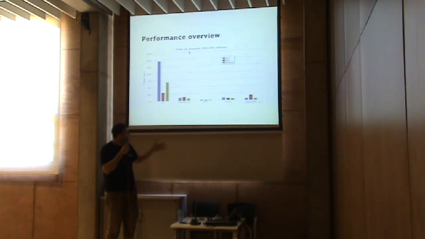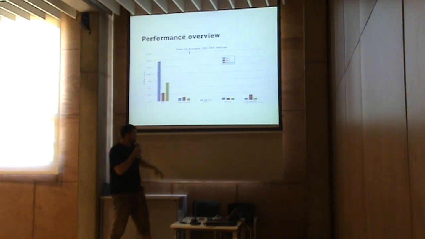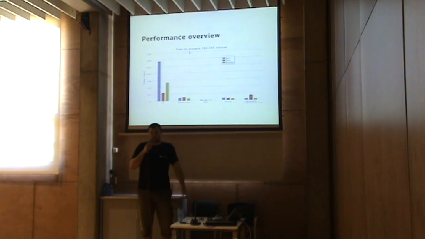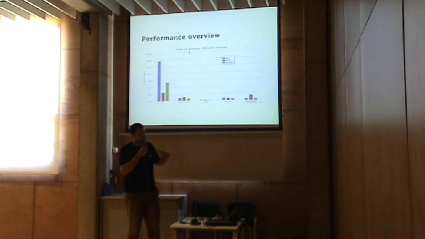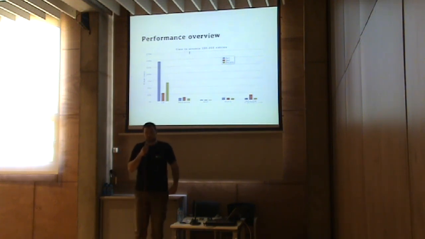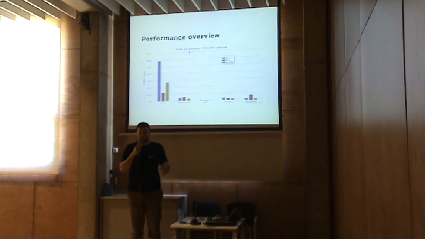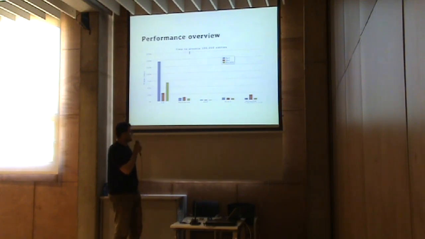Redis and Memcache are somewhere on the same level. The point with Redis was that it was configured so that it was using mostly RAM. It was not writing a lot to the disk. So if I did this on a live site where you already have things going on, the result would probably be different.